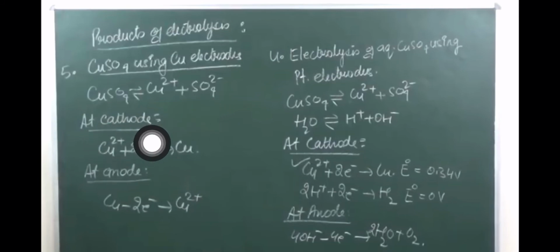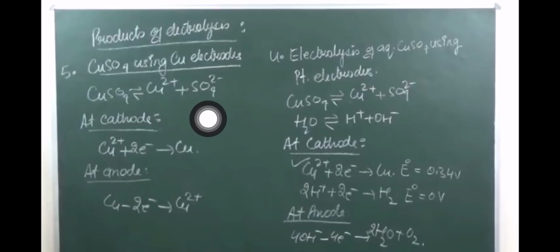So at cathode, what reaction will take place? Cu plus 2 will gain 2 electrons to become Cu, and at anode Cu will lose 2 electrons to become Cu plus 2. So here the simplest reaction takes place. Now you will be saying, why have we not taken SO4 minus 2?